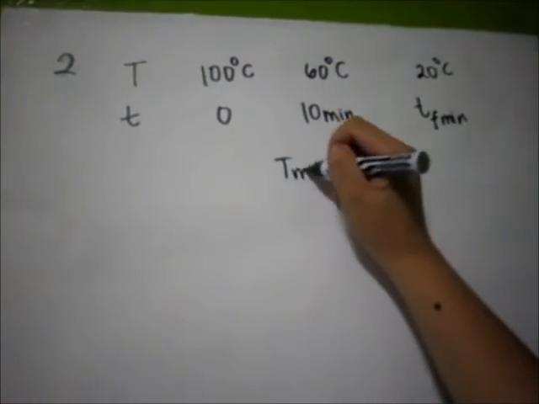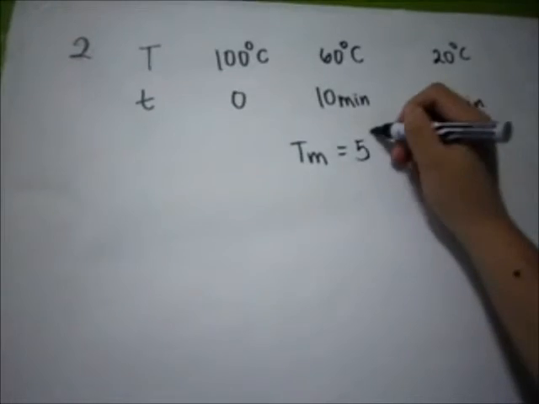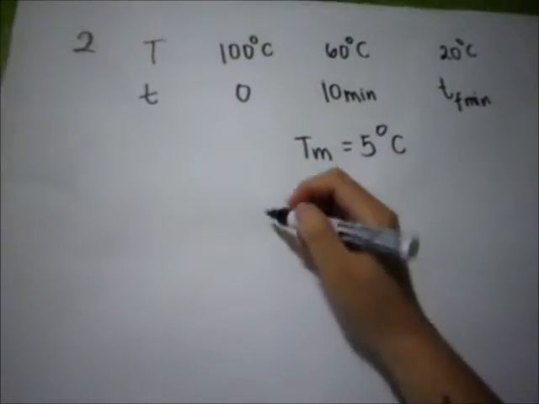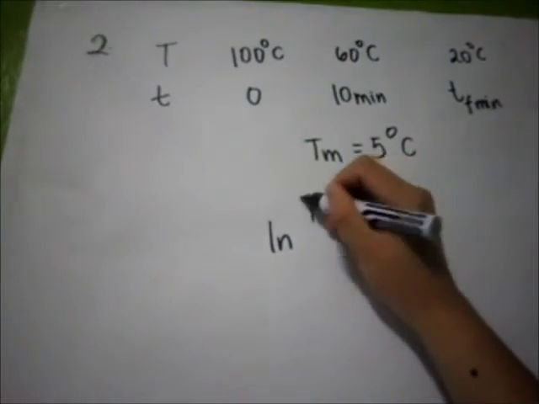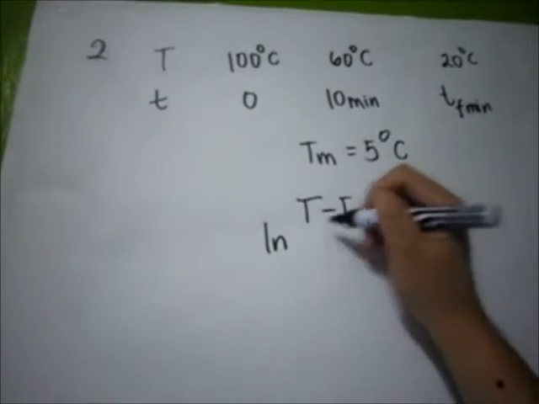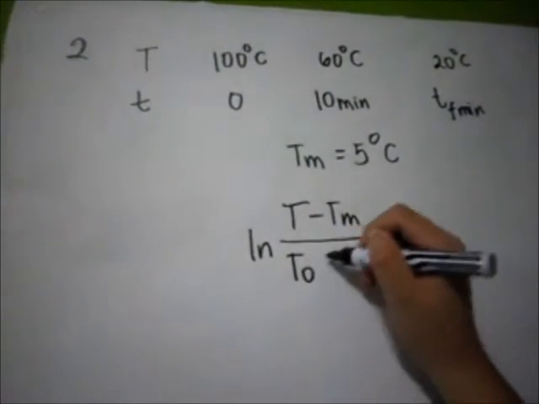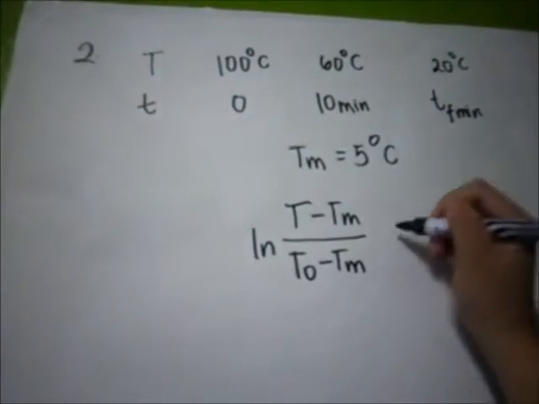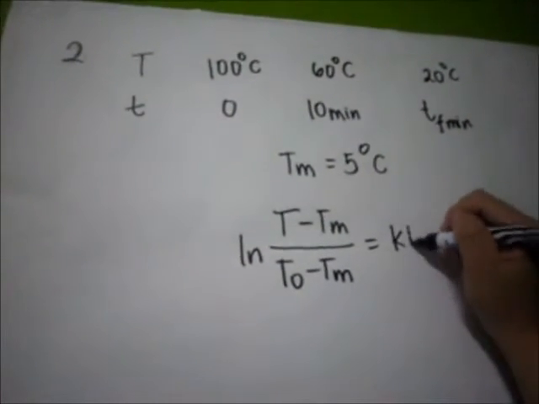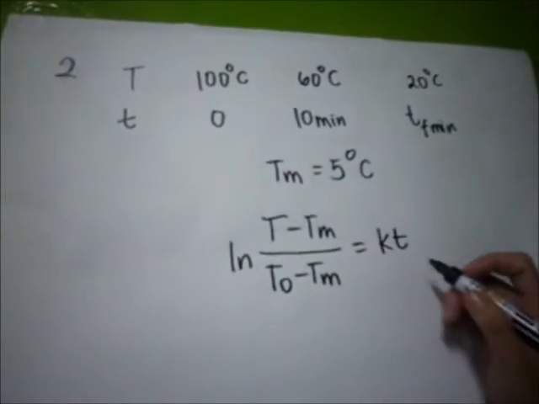Our Tm is equal to 5 degrees Celsius. We use the formula ln of T minus Tm all over T naught minus Tm is equal to kt.